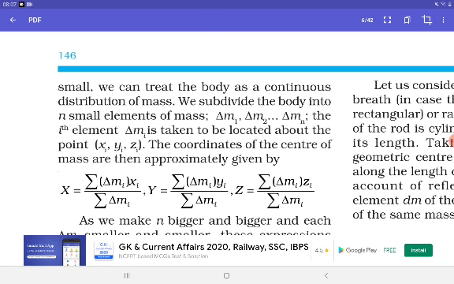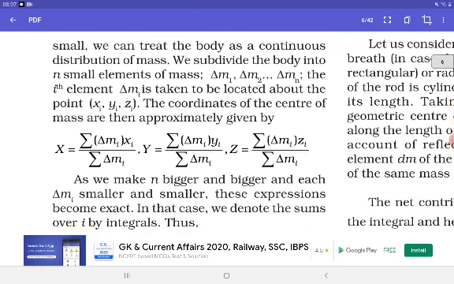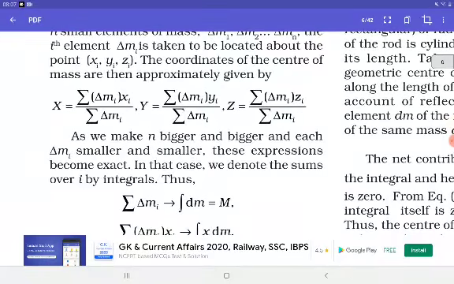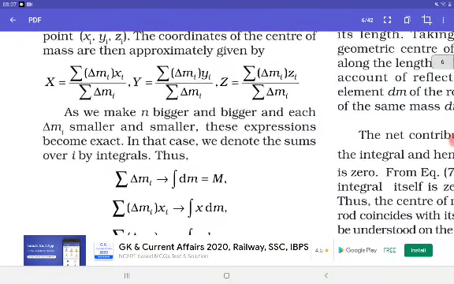We subdivide the body into n small elements of mass delta m1, delta m2 up to delta mn. The ith element delta mi is taken to be located about the point xi, yi, zi. The coordinates of the center of mass are given by this. As we make n bigger and bigger and each delta mi smaller and smaller, this expression becomes exact.